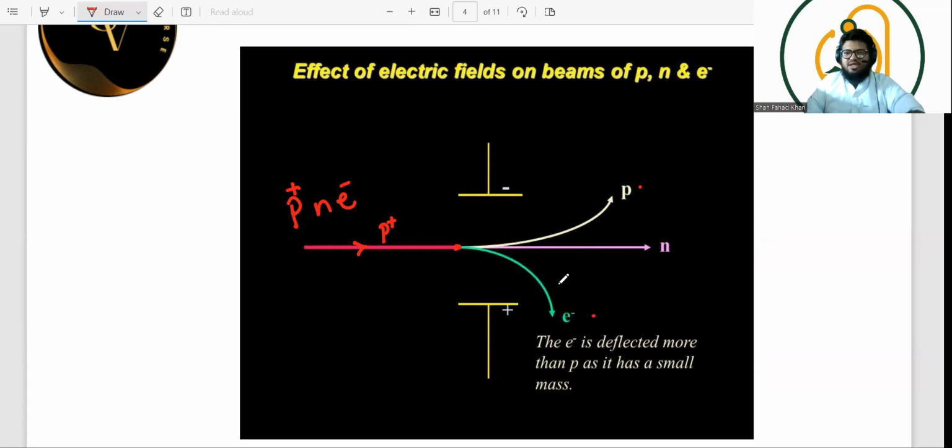Even though the charges are the same, the mass of electrons is lesser compared to the mass of protons. Hence, when equal amounts of force were exerted on both particles to deflect them, electrons were deflected more due to a lighter mass. All right, so this is an important exam question that has been tested. Why is this angle of deflection greater for electrons compared to protons?